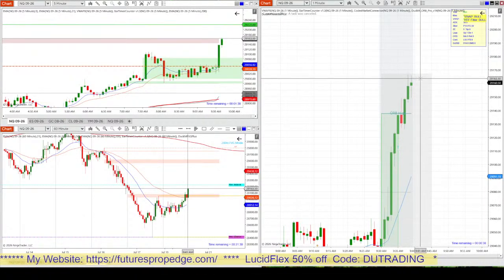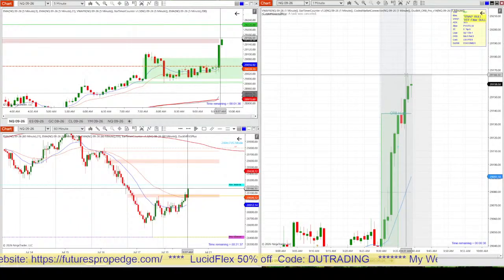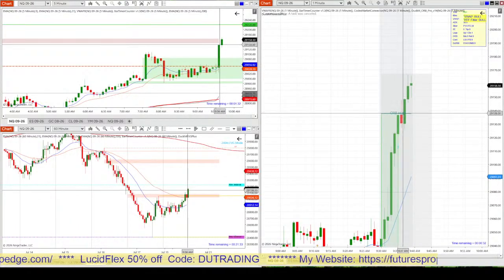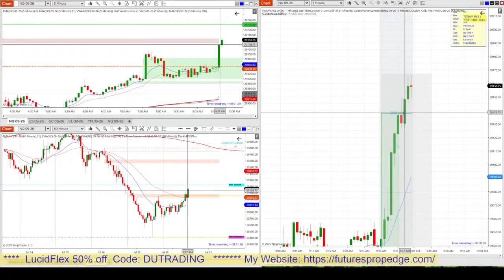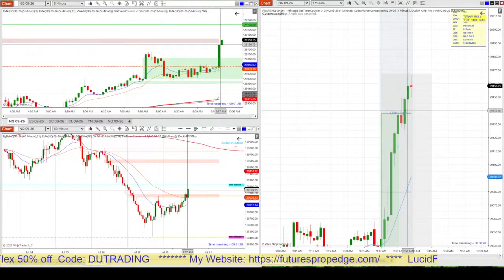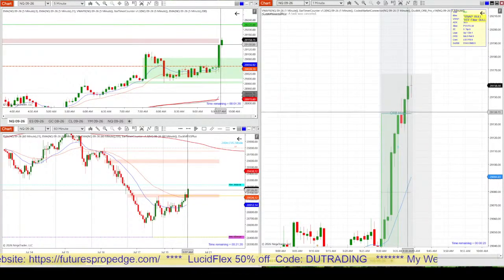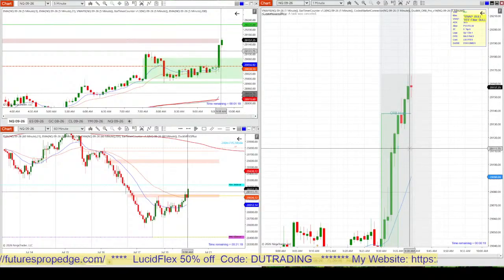Although it's tempting to just jump in and touch the breakout here, I would love to see at least a test of 29,150. That's the minimum, but the best test would be a test of 29,100.